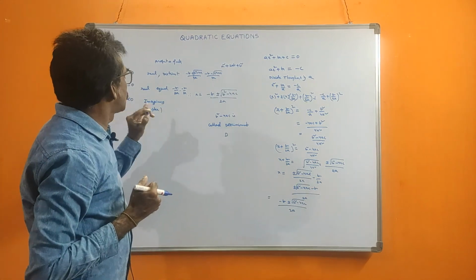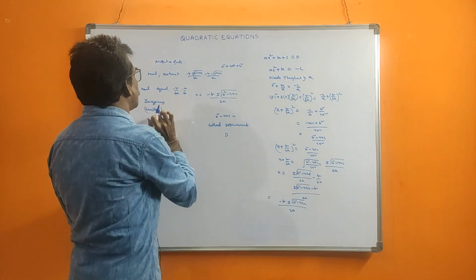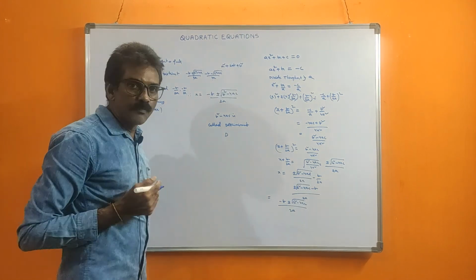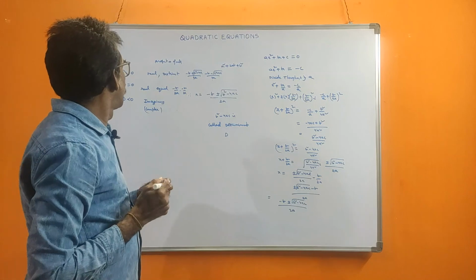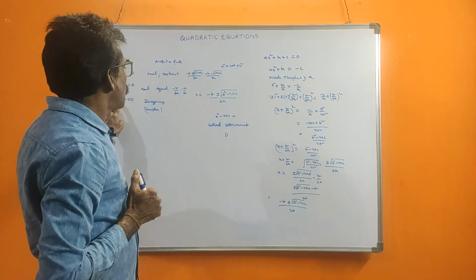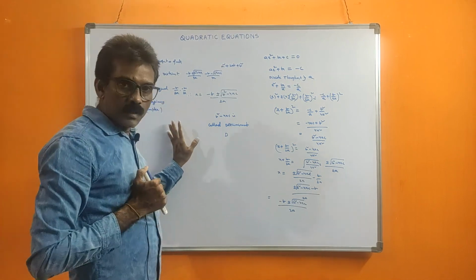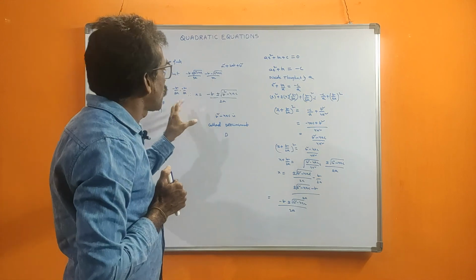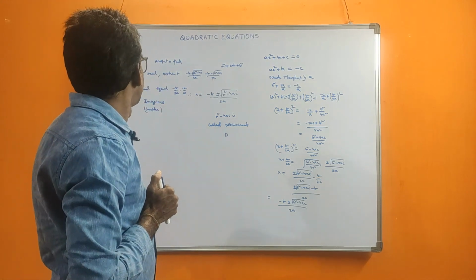So imaginary numbers, not real numbers, will come. Depending upon the D value, we can observe the properties of the roots of the quadratic equation.